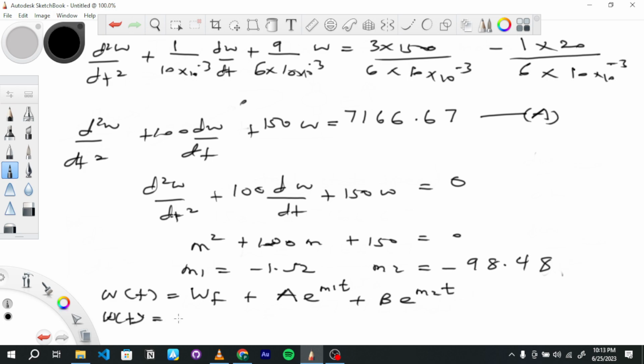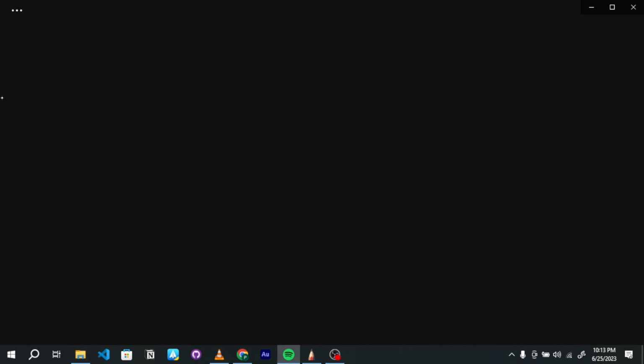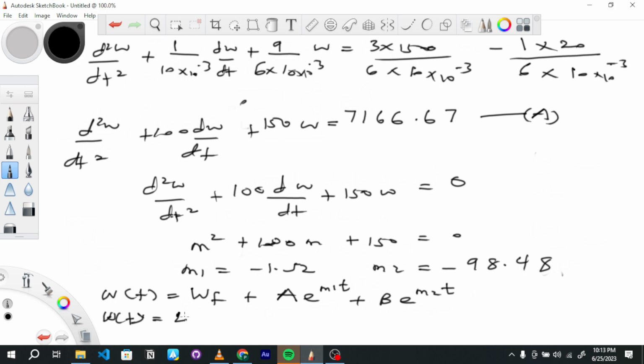Omega f we had to be 47.78, so omega of t is 47.78 plus A e to the negative 1.52 t plus B e to the negative 98.48 t.